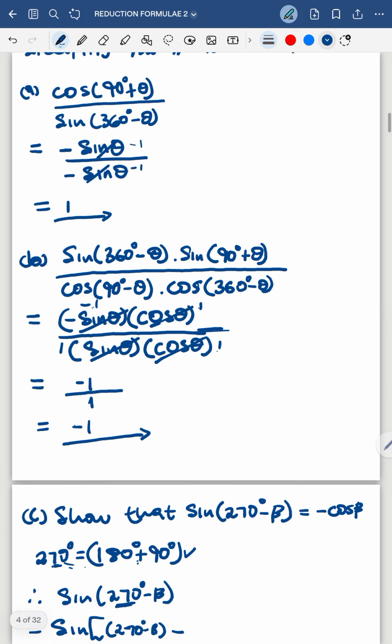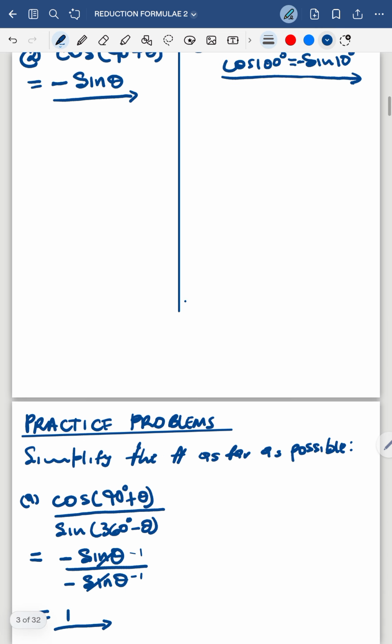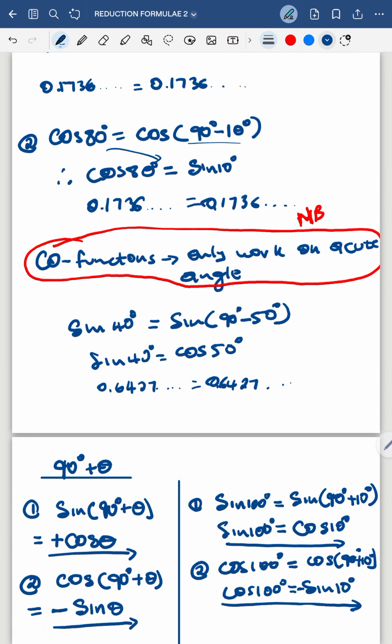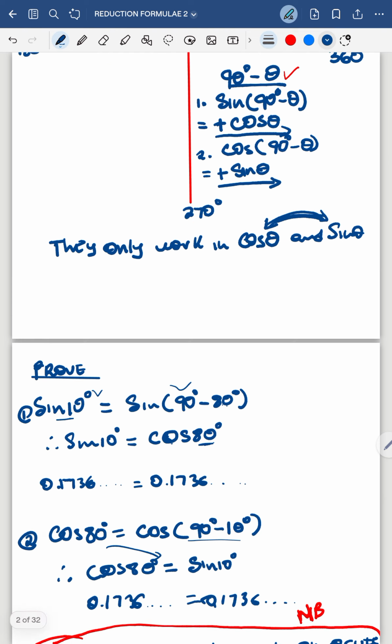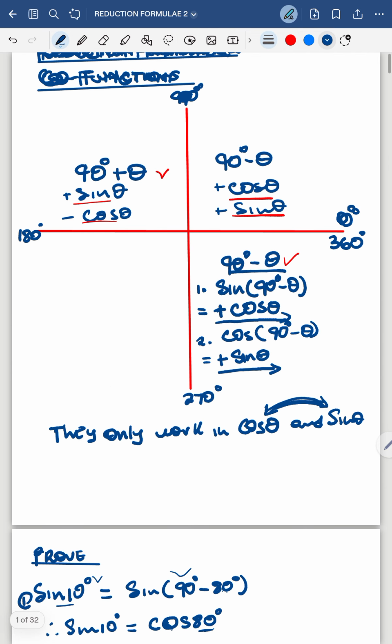Remember in the Cartesian plane, to go to this 270, we go anti-clockwise. So we say 180 degrees plus an angle. That means to come here exactly, we're going to go 90 degrees.